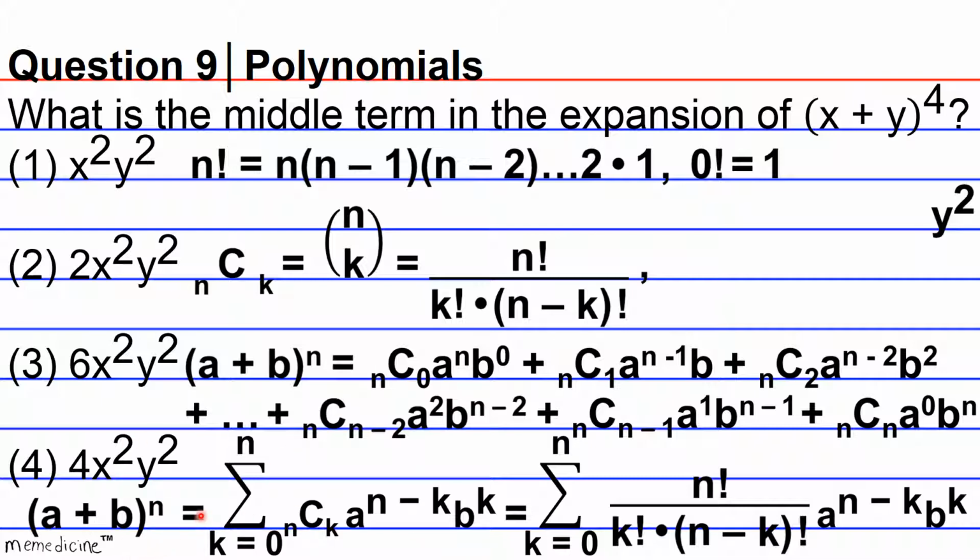The only thing we need to do is figure out k. But remember that I said whatever n is, you're going to have n plus 1 terms. The additional plus 1 comes from the fact that our summation count is beginning at k equals 0. And since we are dealing with a 4th power, we're obviously going to have 5 terms.